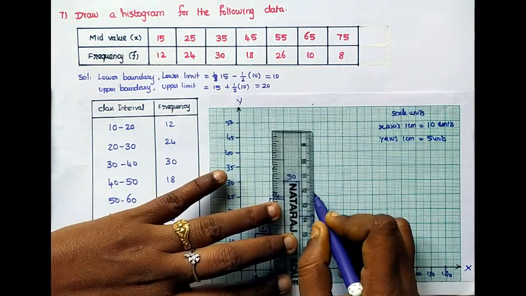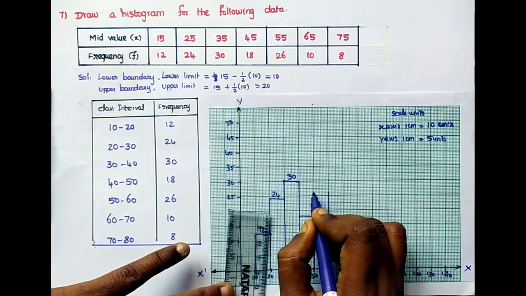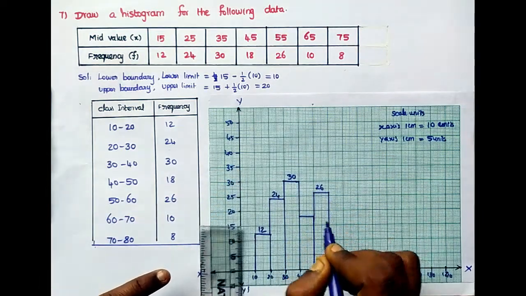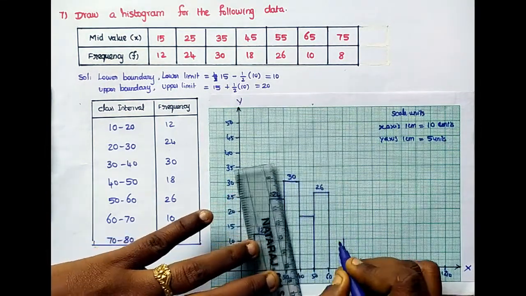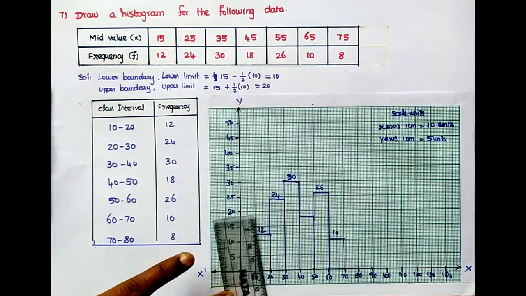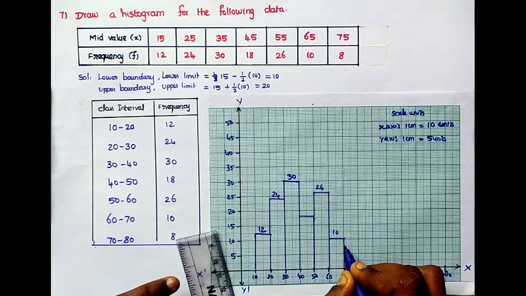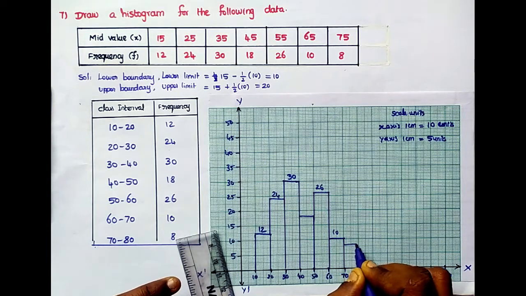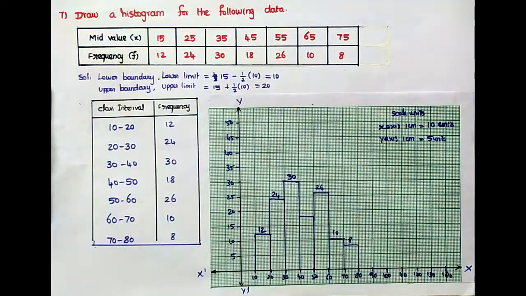Here 26. 60 to 70, 10. 70 to 80, 8. So that is the histogram for this data.